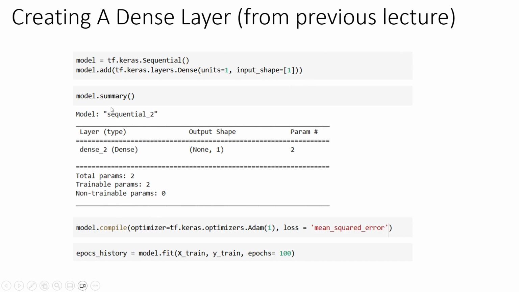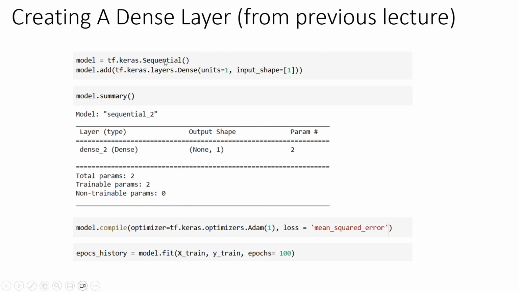And what we had done is, after defining the layers, where we had one layer and one neuron in this case, we defined the optimizer, which is the Adam optimizer in this case, and we defined the loss function, which is the mean squared error in this case. And once we define this, the model definition is ready.